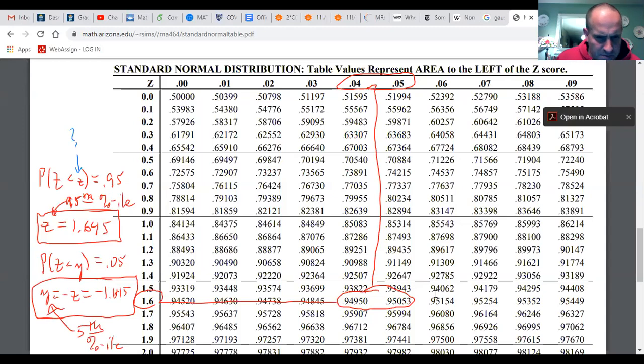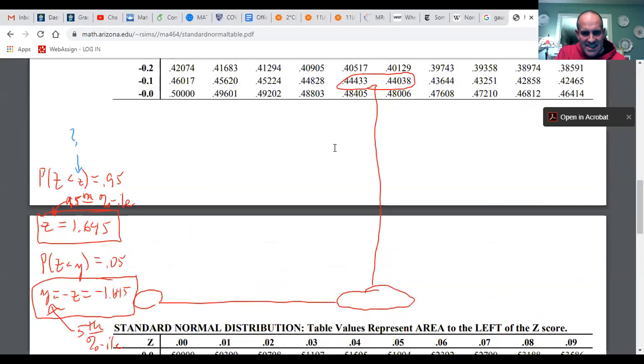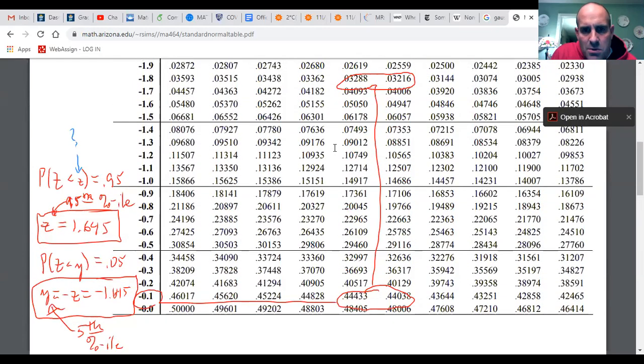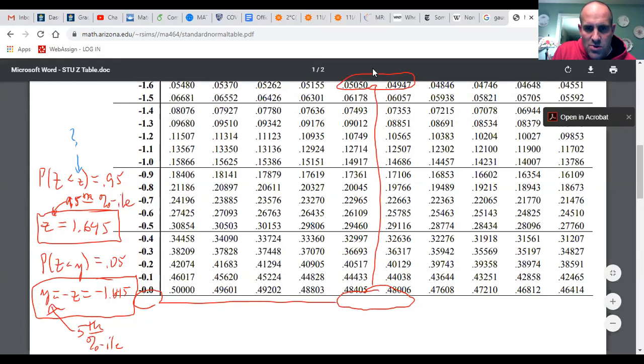And incidentally, you could have also gotten at that pretty easily by going backwards. We would want to find something that was close to 5%. And you see, actually, this thing is circled right here perfectly. So what number is that?